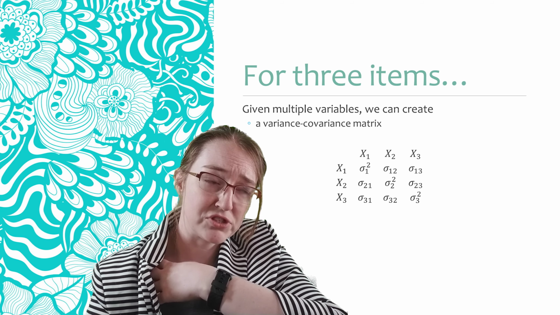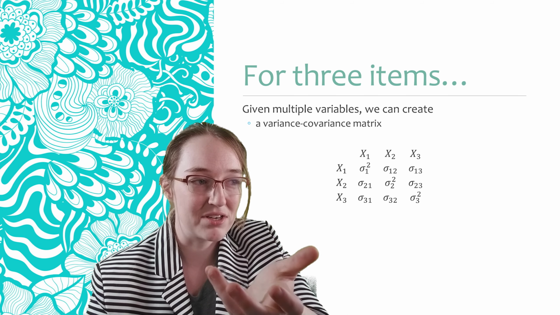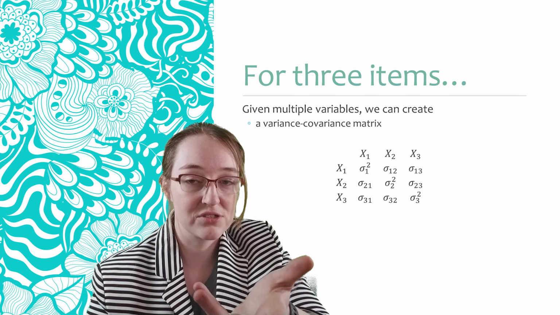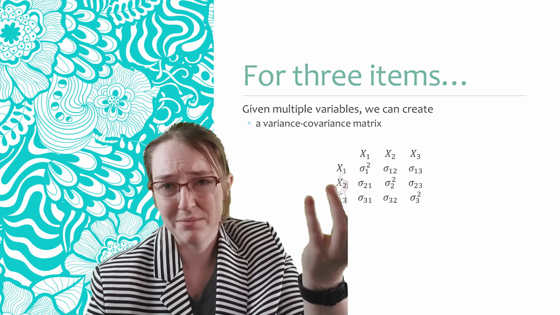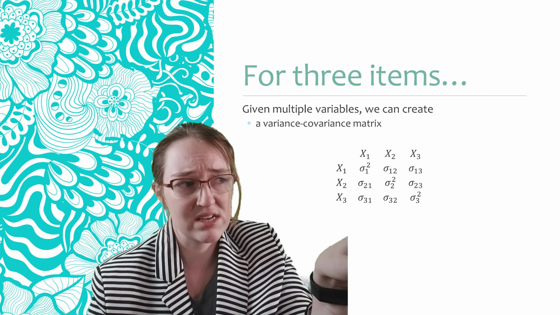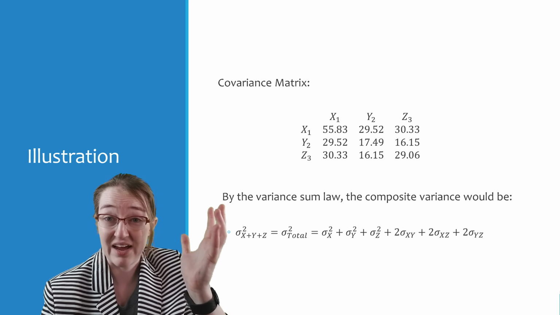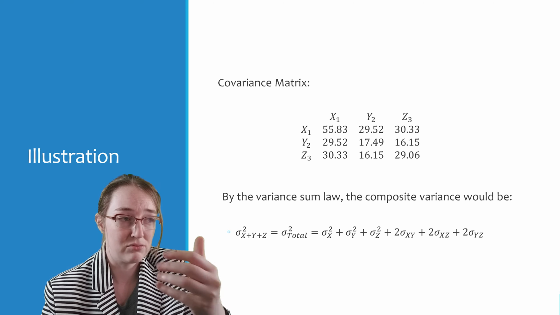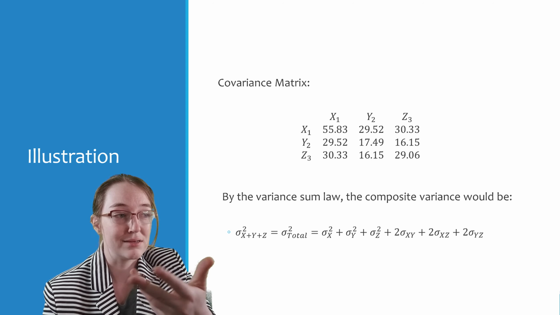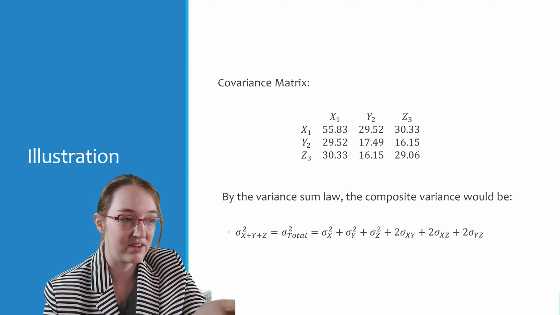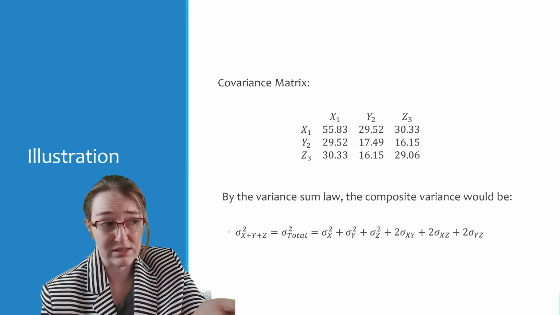The covariance of x with y is the variance, while the covariance of x1 with x2 is that. Sorry, I'm babbling. So this is the data shape we're working with, and when we have actual data here, the covariance of x with y is 29 and a smidge, while the covariance of x with z is 30, etc.